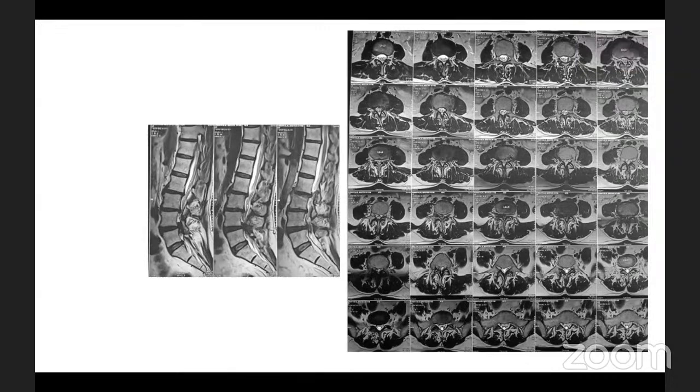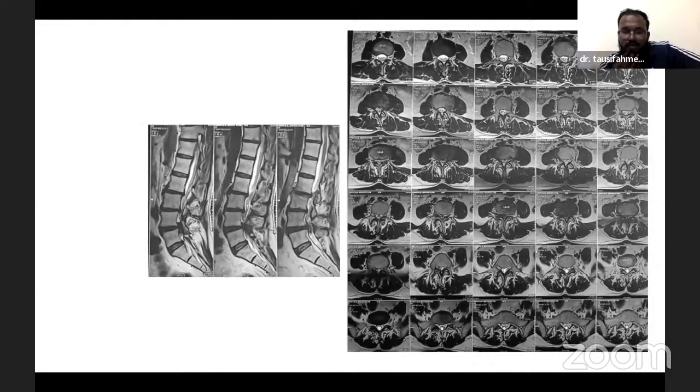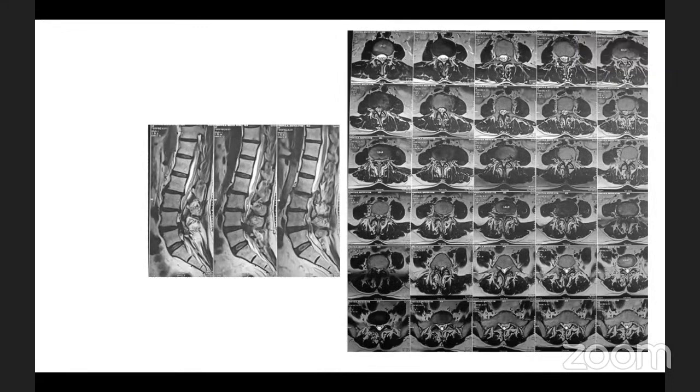If you look at the axials, we can see the L2, L3 facet. There is some facet arthropathy at L2-3, because you can see a lot of fluid in the facet. The L2-3 facet has a lot of fluid compared to the other facets.